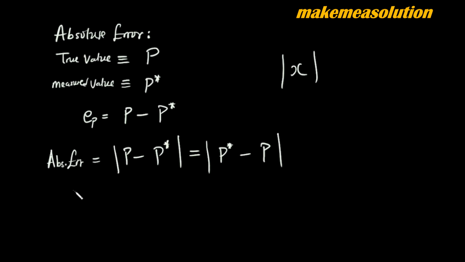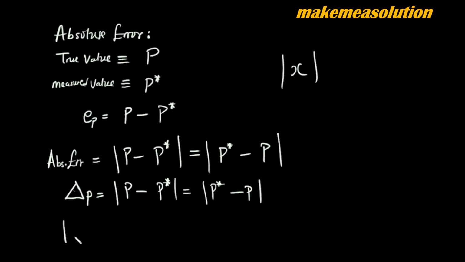So in delta operator fashion, you can just call it delta p. Let me say delta small letter p is equal to p minus p star, and still the same thing as p star minus p. So this is your absolute value symbol, or you can just use it directly on ep.